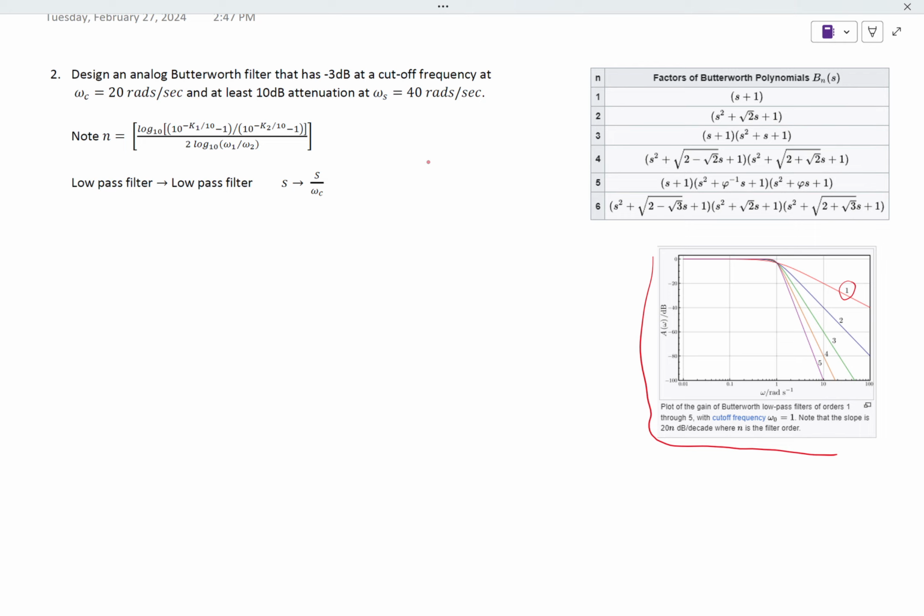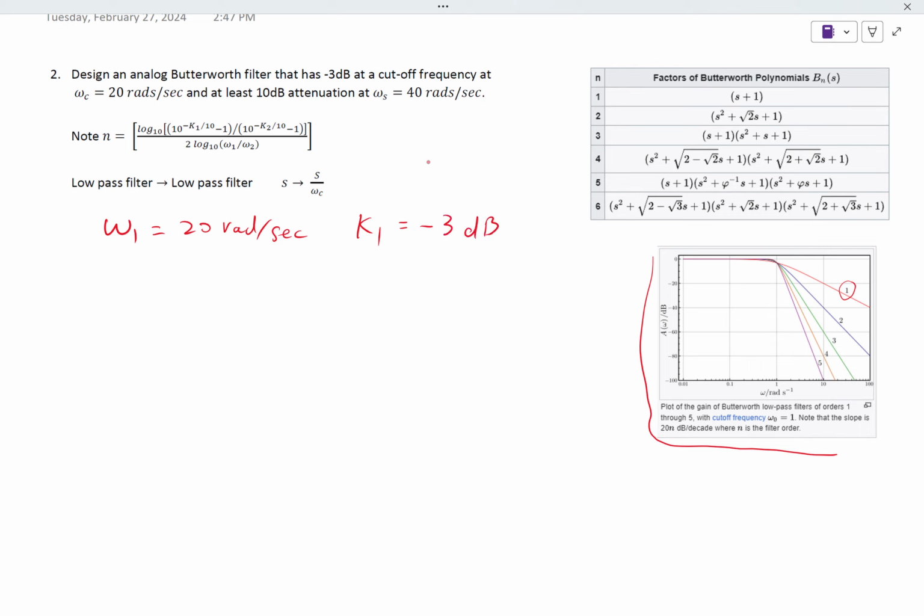So we know the first frequency is 20 radians per second, and its corresponding attenuation is negative 3 dB.